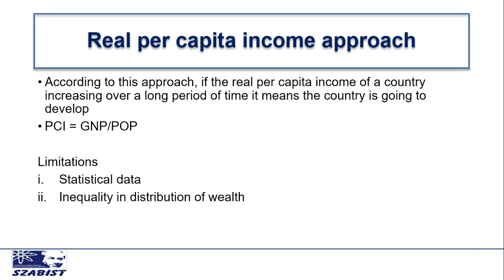So when we calculate per capita income, we have to divide all of this by 10. It will give us a larger answer, which indicates that the average pocket money of those students is roundabout 4,000 or 5,000. But in actual terms, there are some people who are living below the poverty line. So there are certain limitations attached to this method, and the two most important limitations are statistical data and inequality in distribution of income.